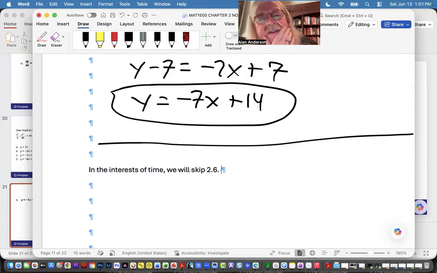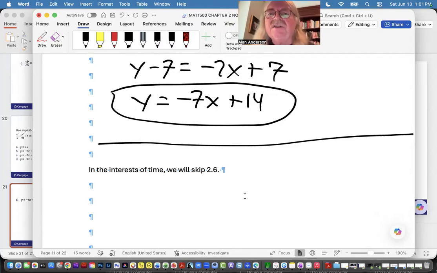It's an application involving volumes of cones and that kind of thing, which I think may be one of the least important topics in the whole course, and there are no assignments based on it. So I think maybe we'll just not go over that. You can read it if you want, but it's not going to appear in any of the assignments or on the exams. So it'll be an optional section.